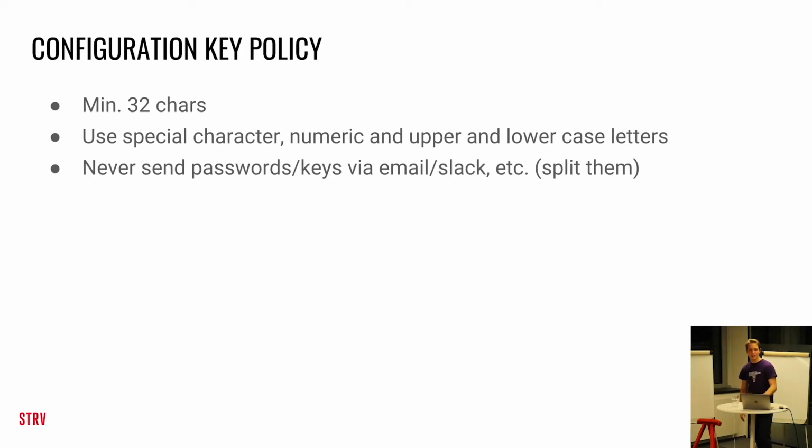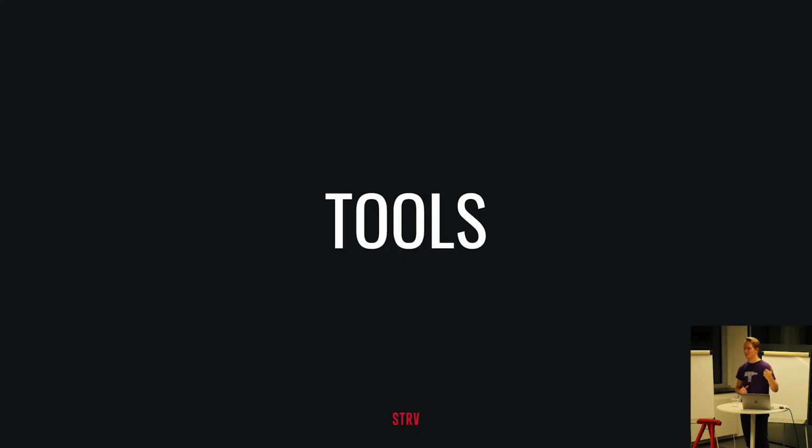And then in APIs, when you use them, you quite often get a chance to create your own API key to access them. In that case, please keep those long. Like 32 characters is the minimum we use, but basically the longer the better.